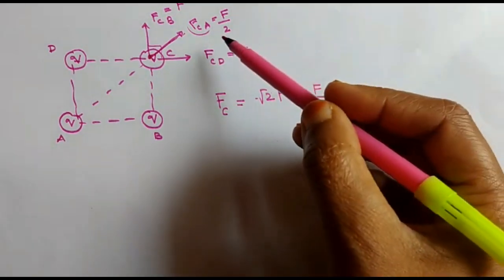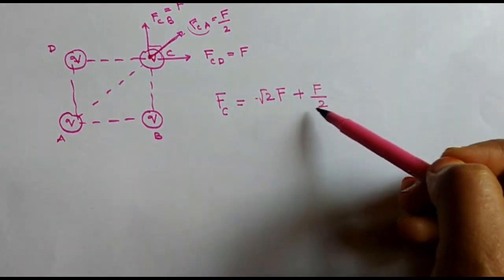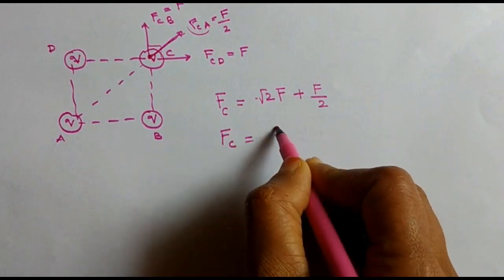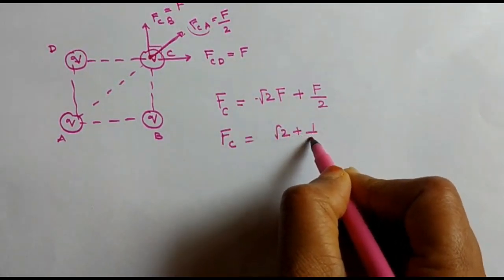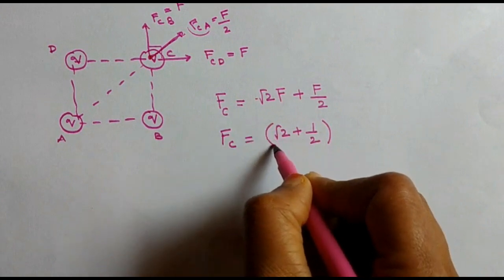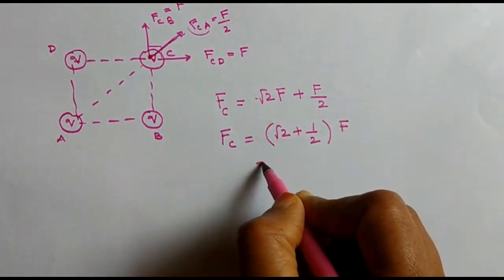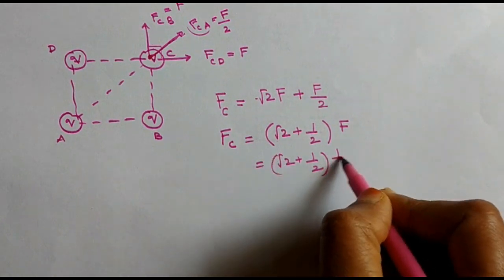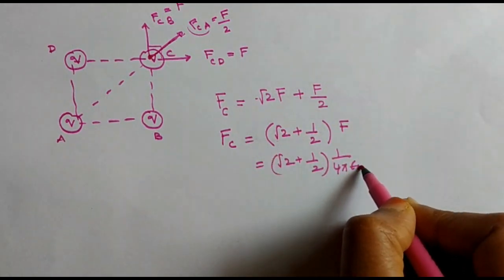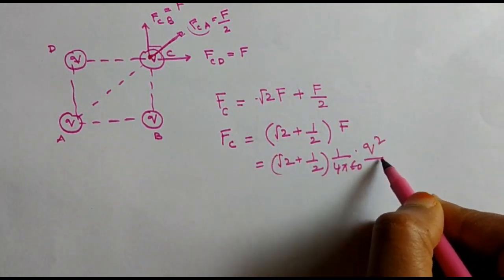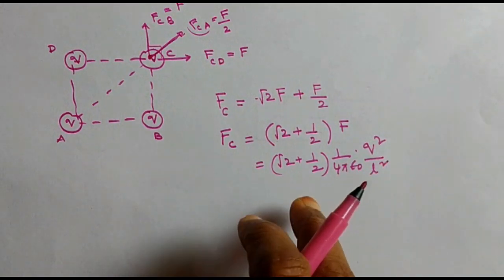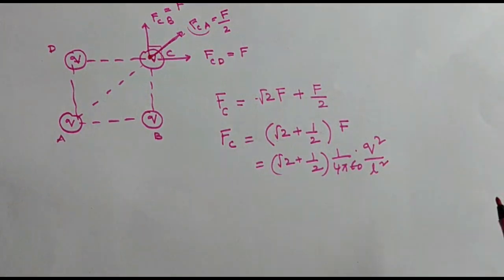Because both the vectors are in the same direction, we can go for simple addition for magnitude. So your answer in short would be root 2 plus 1 by 2 into F, where F is 1 by 4 pi epsilon naught q square divided by L square. For objective pattern, follow this, but for subjective, you write it in vector form, that is I and J cap.